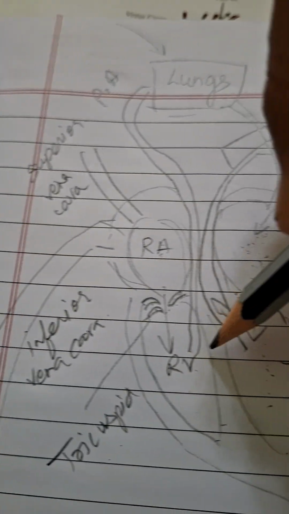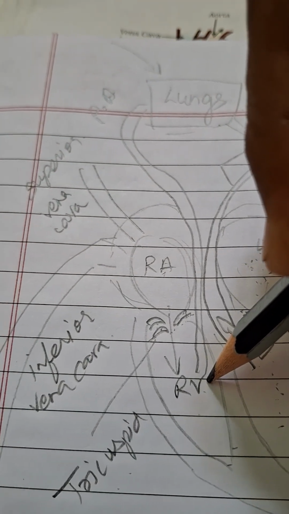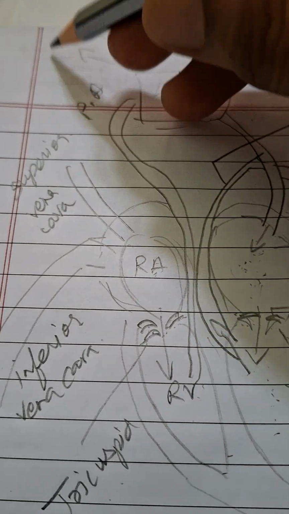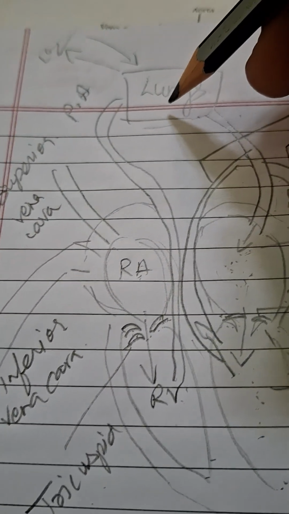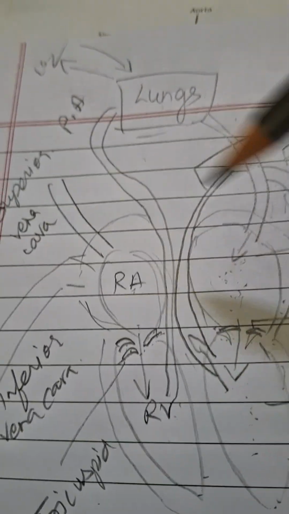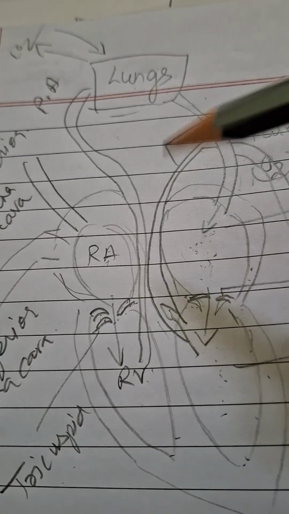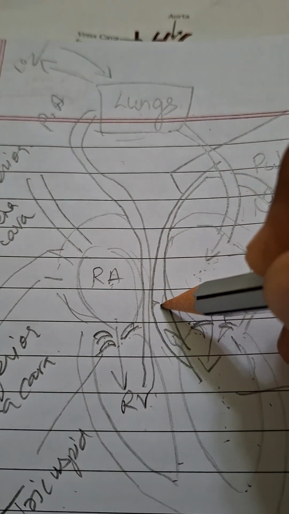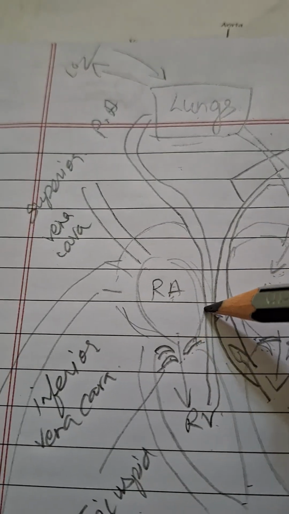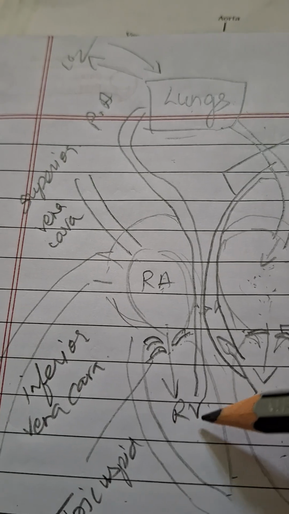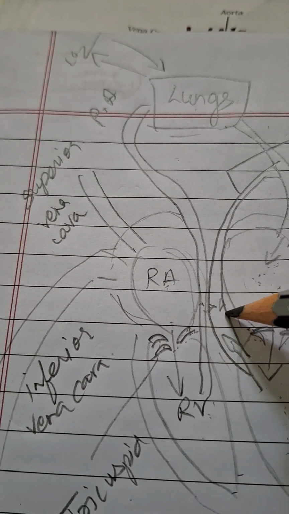The pulmonary artery takes the deoxygenated blood from the right ventricle to the lungs for purification, and the carbon dioxide goes out. Now remember, the aorta has valves inside. The pulmonary artery coming from the right ventricle also has valves.